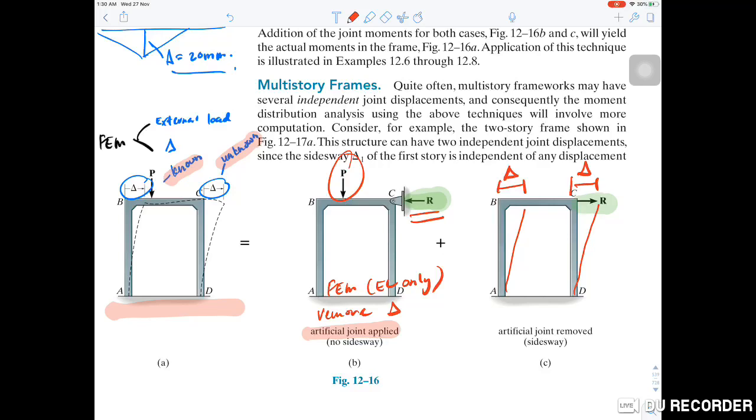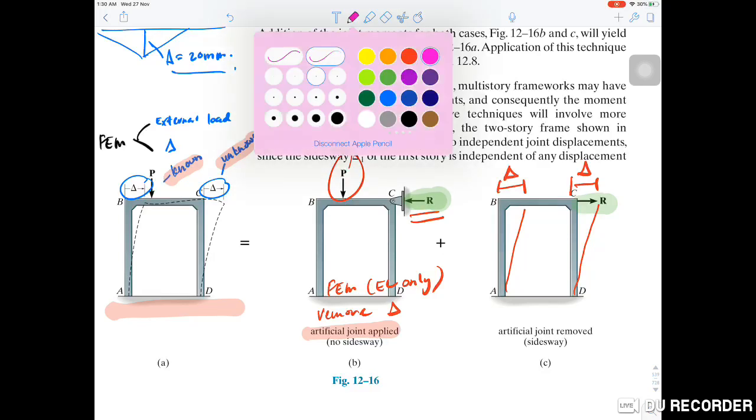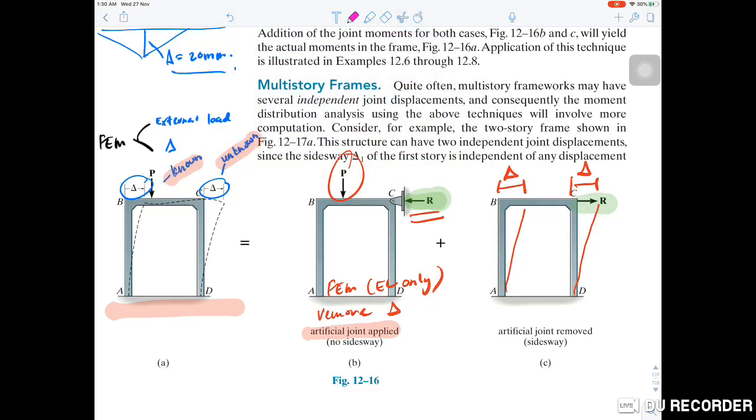So let's check together using the principle of superposition.